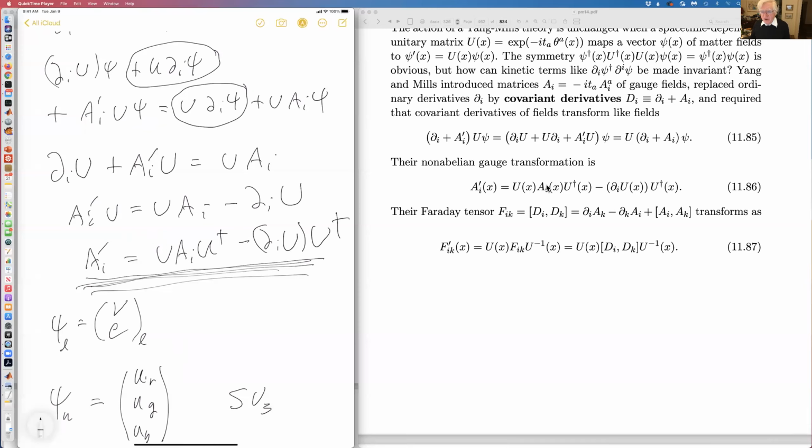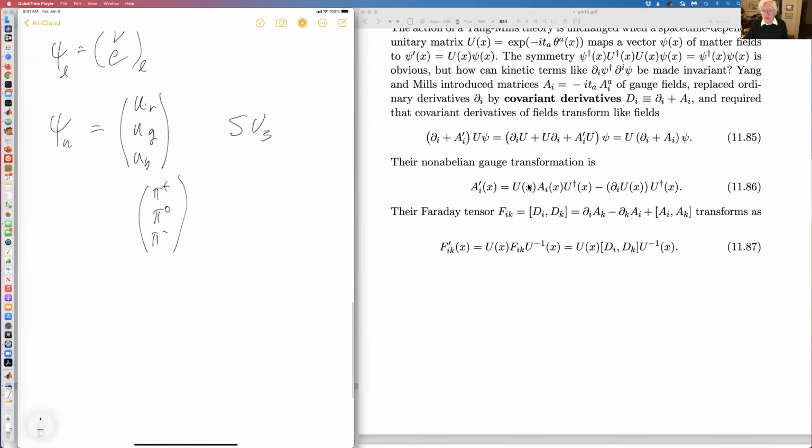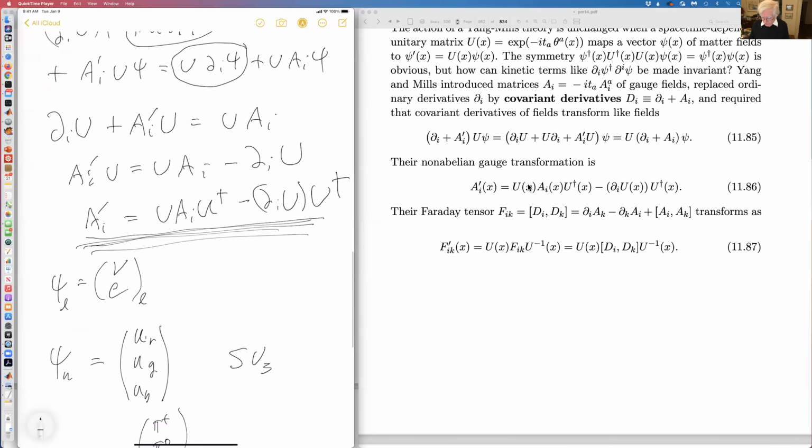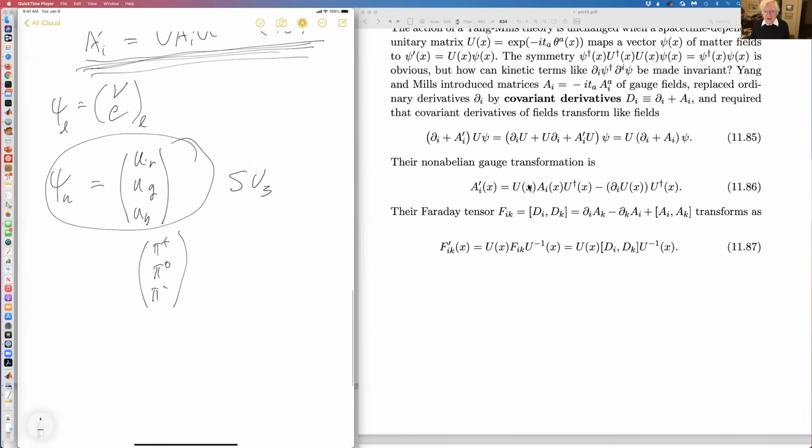let's see, what do I want to say? Actually, we have 2 different representations here. You see, the quarks transform under the defining representation of SU3, which is 3 by 3. On the other hand, the gauge fields transform according to what's called the adjoint representation. So there are actually 8 of them.